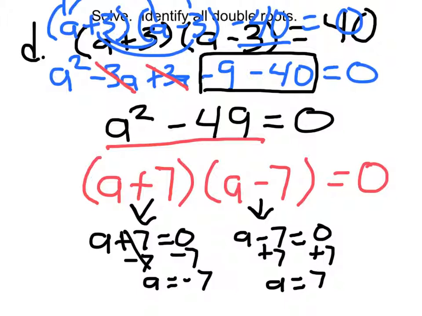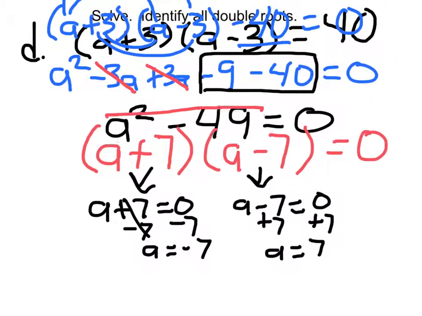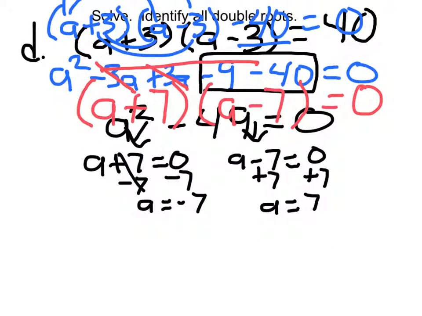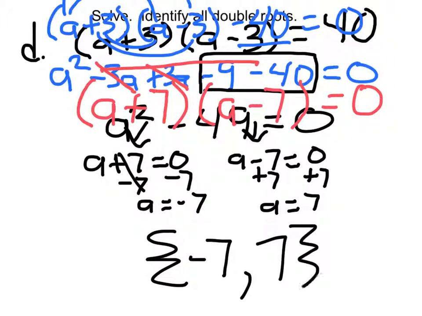So I factored it, I set each one equal to 0 and solved it. So after I do that, I'm going to just write my answer in the little squiggles here, or the braces, and I get a negative 7 and 7 as my answer.